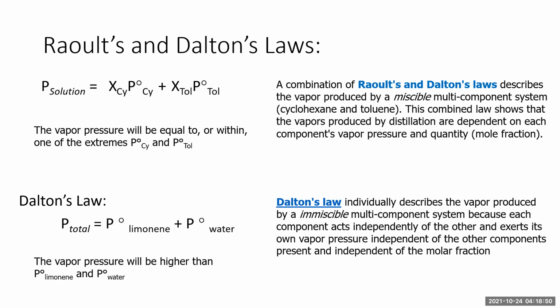And then Dalton's law by itself will describe the vapor pressure produced by an immiscible multi-component system. Because when two compounds like limonene and water don't mix, each component will act independently of the other and exert its own vapor pressure independent of the other compounds present and independent of the molar fraction.